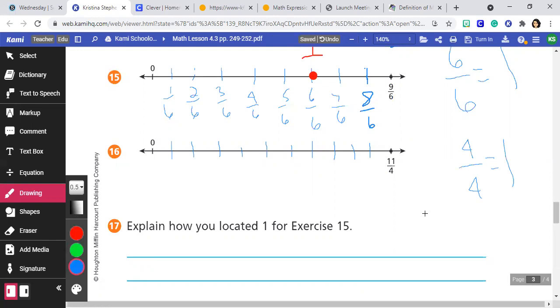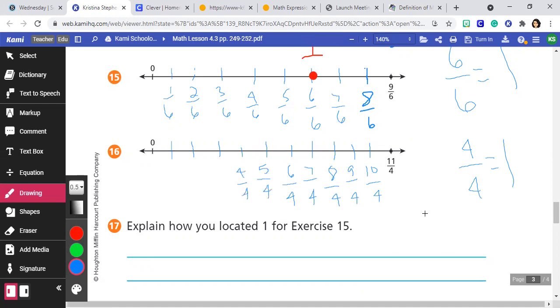So let's label our points. 10 over 4, 9 over 4, 8 over 4, 7 over 4, 6 over 4, 5 over 4, 4 over 4.